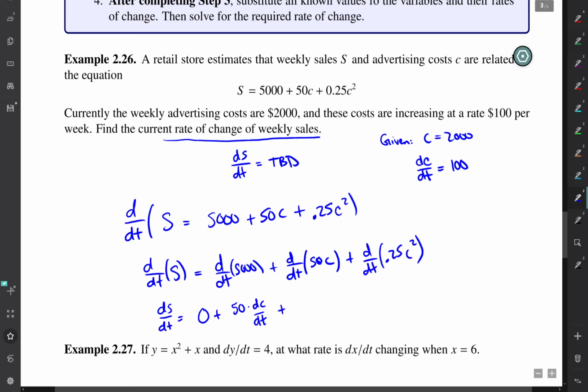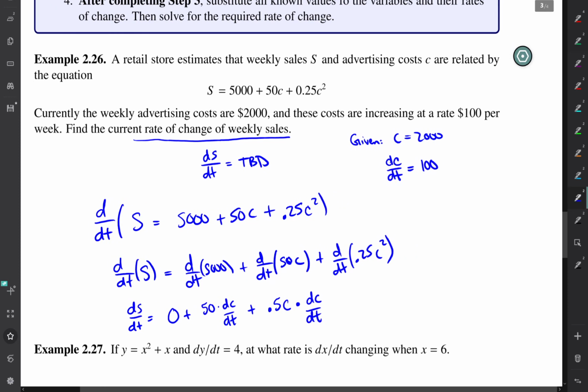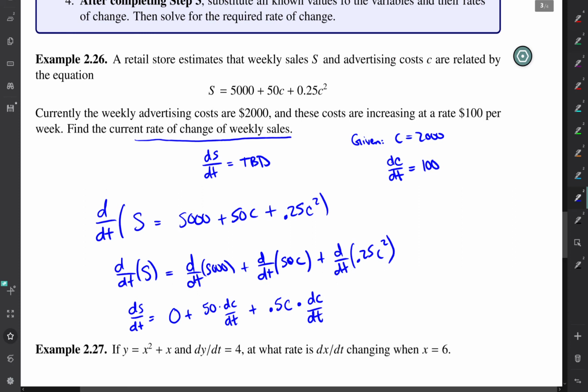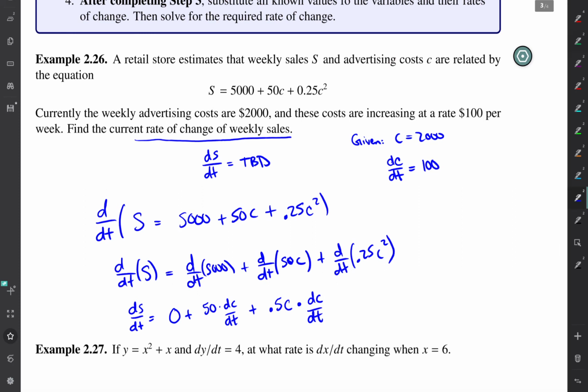And then the derivative of 0.25C squared is going to be 0.5C, that's the derivative of 0.25C squared with respect to C, and then you multiply by the derivative of C with respect to time. Okay, so this gives us an equation that relates dS/dt to dC/dt and to C.